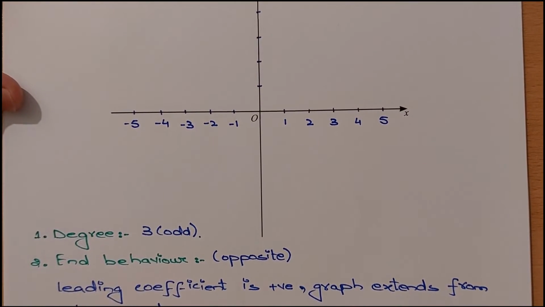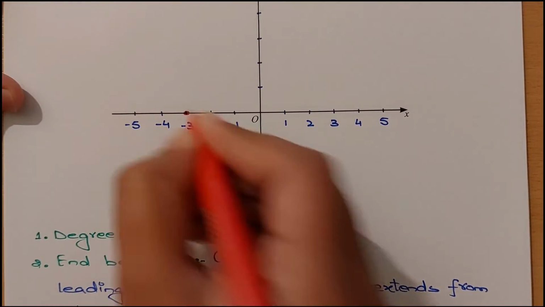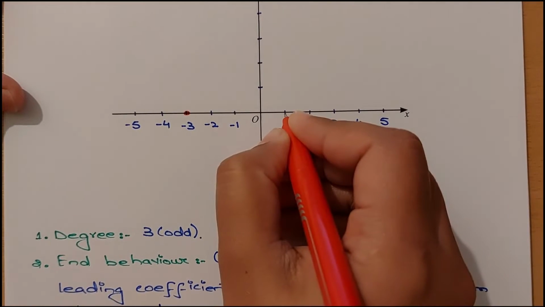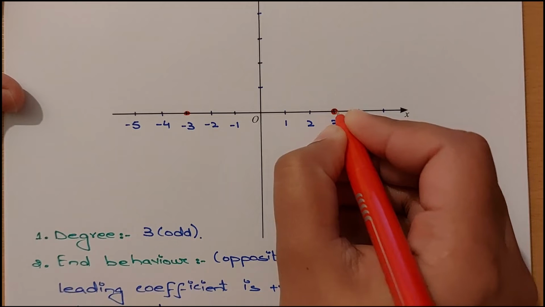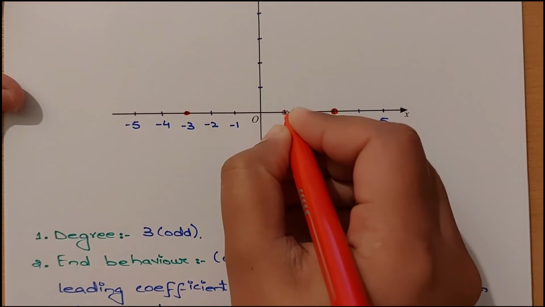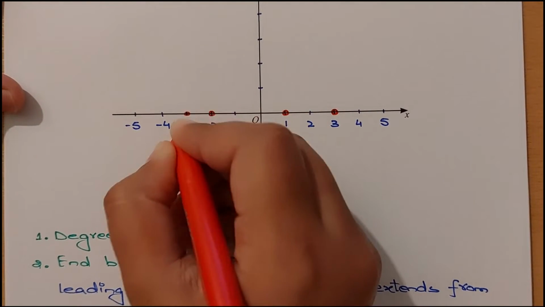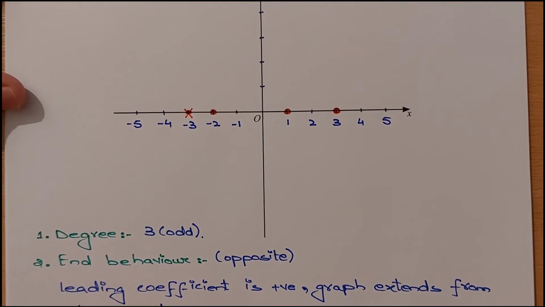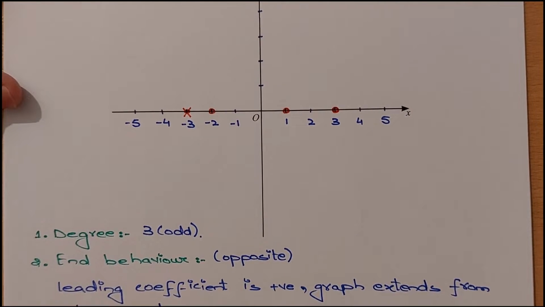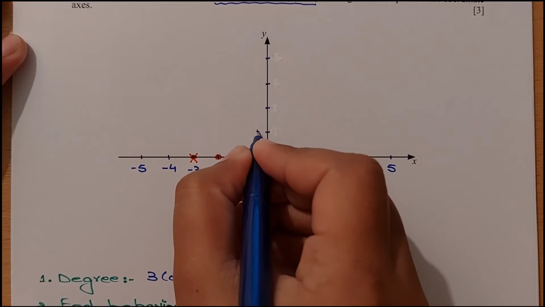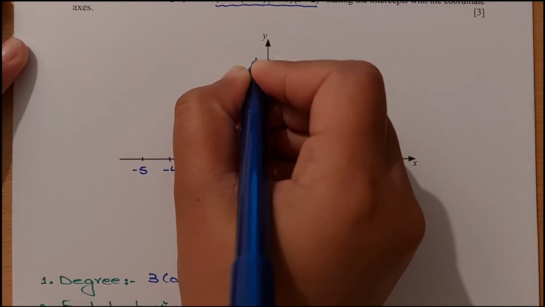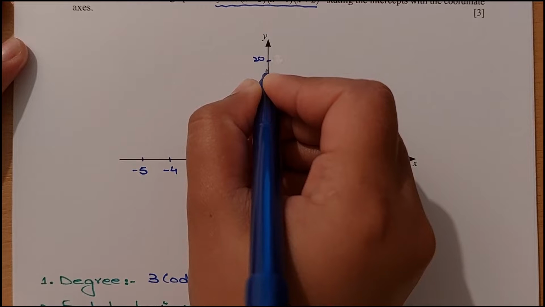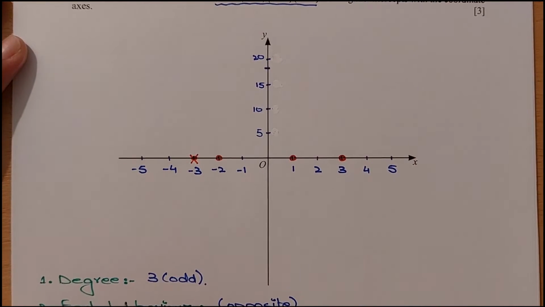So let me label the zeros first. We have 3, 1, and minus 2, not minus 3, right? And the y-intercept is 18. So the scale for y is 5, 10, 15, 20. So 18 lies somewhere here, closer to 20, right?